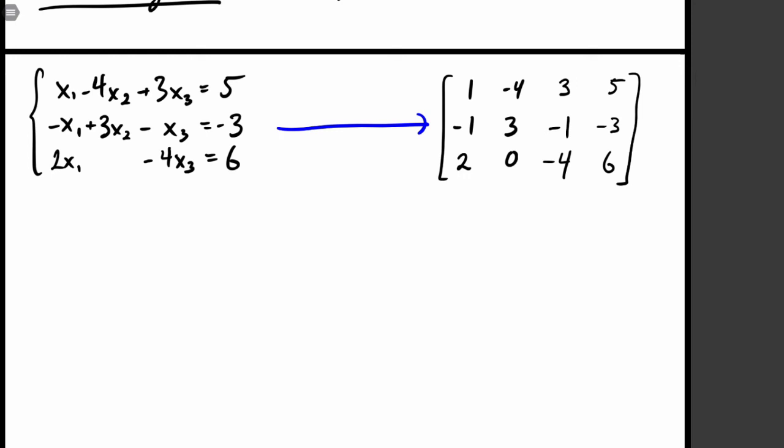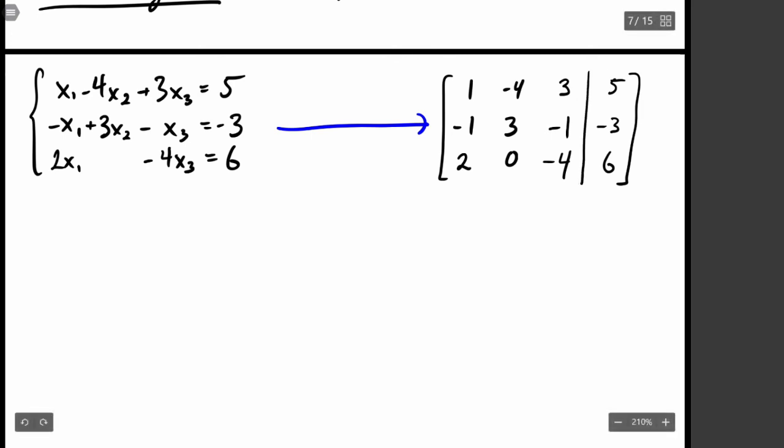Now, one thing the textbook doesn't do, but I find particularly helpful, is I want to separate out the numbers that come from variables and the numbers that come from the right side of the equation. Now, this is purely cosmetic. It doesn't affect anything we're going to do in any way. So it's up to you whether you want to write it. I think it's a good idea just to keep track of what's going on.